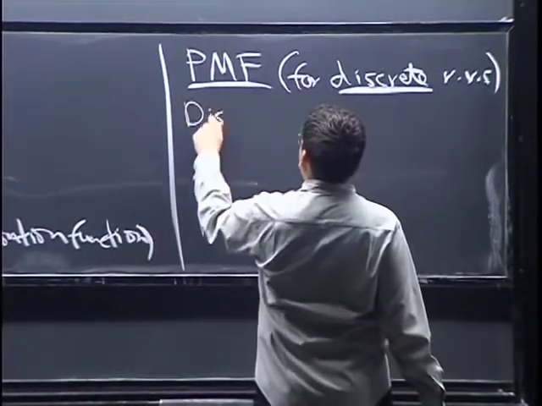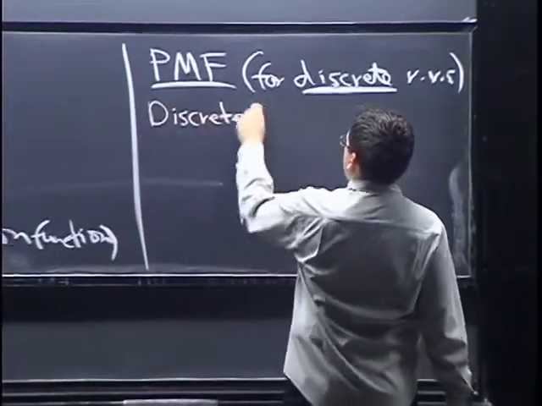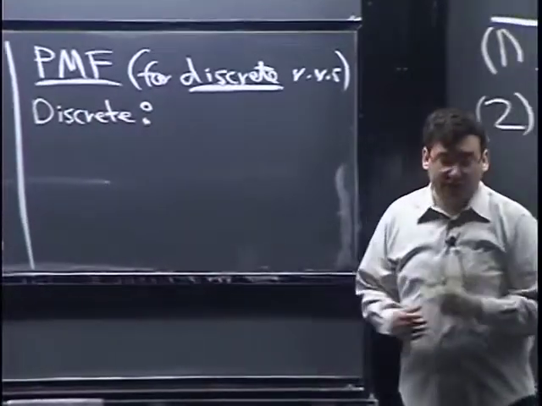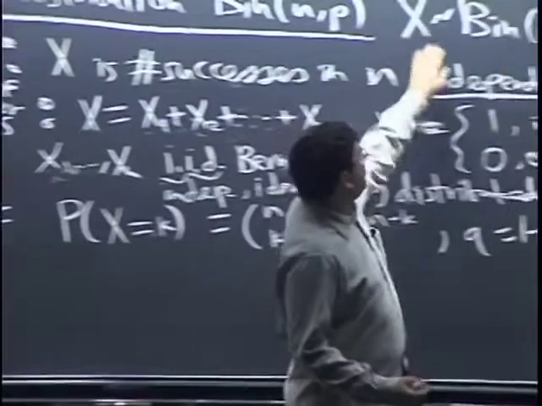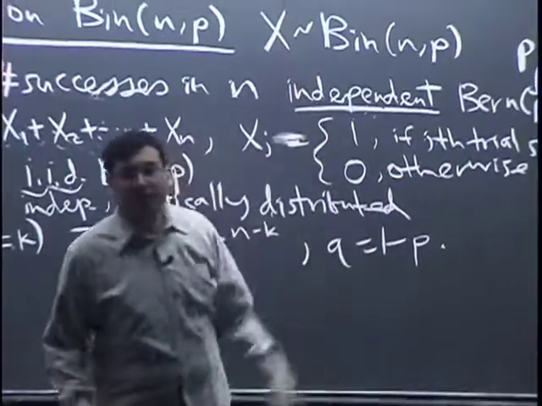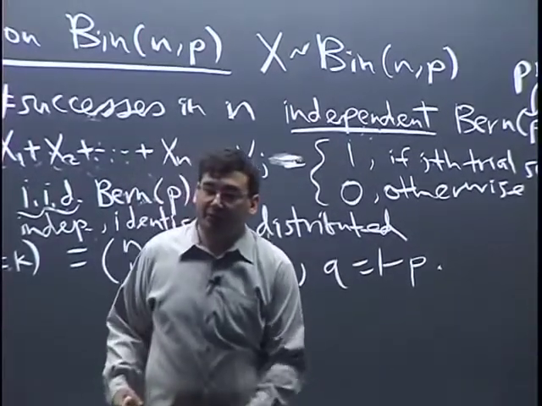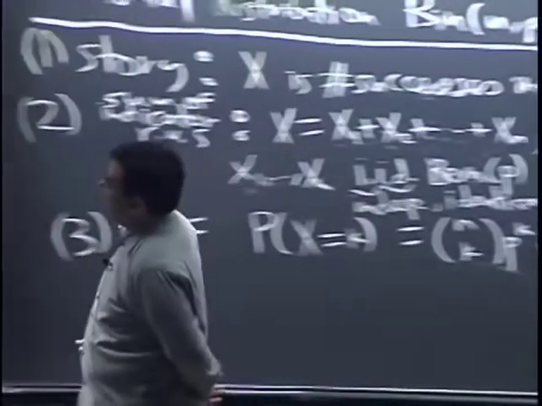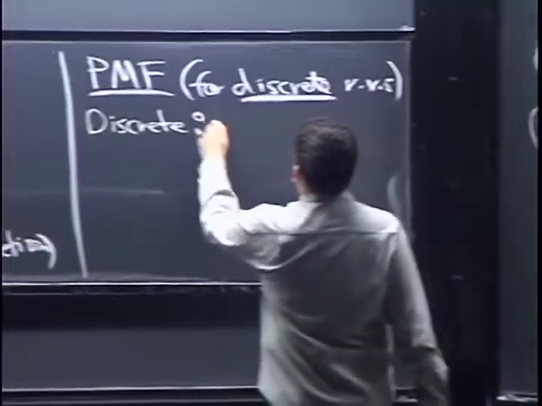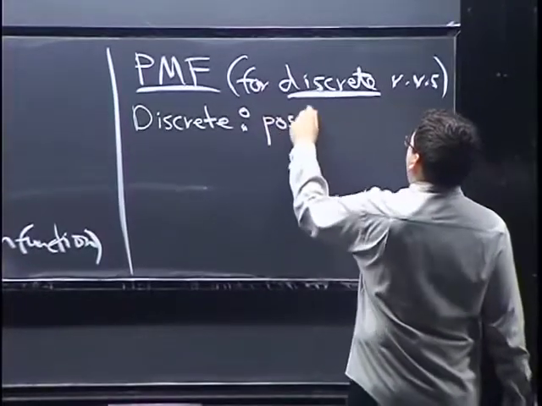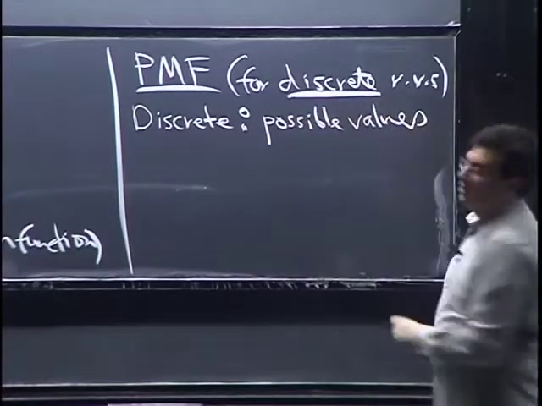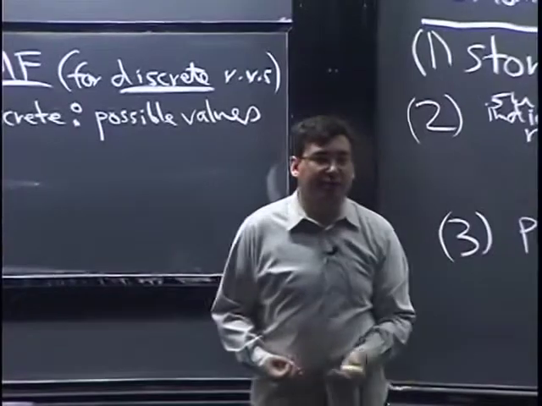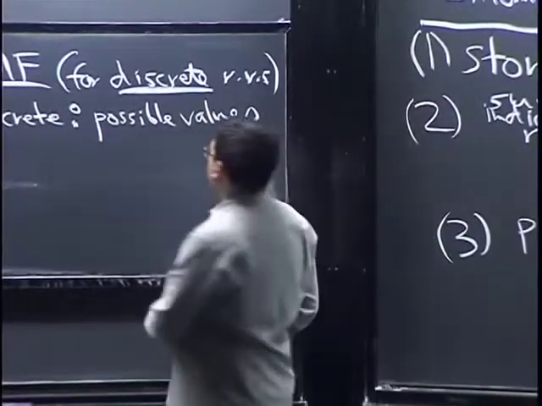Discrete means, for our purposes, usually we can just think of it as meaning that it takes integer values. Like a binomial is discrete because the possible values are 0, 1, 2, 3, up to n, right? Integers. But in general, it means that the possible values, they don't actually have to be integers, but it has to be something you could list. Maybe a finite list, maybe an infinite list.